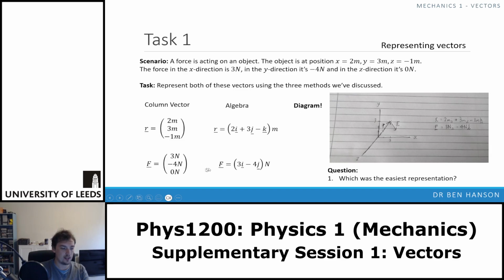And a diagram's always good so you can visualize what you're doing. But when you start moving into things that require matrices, like second and third year quantum mechanics, the column vector notation becomes important again. So these two for now, if I were you. Column vectors, keep them in your mind, but you won't need them so much going forwards.